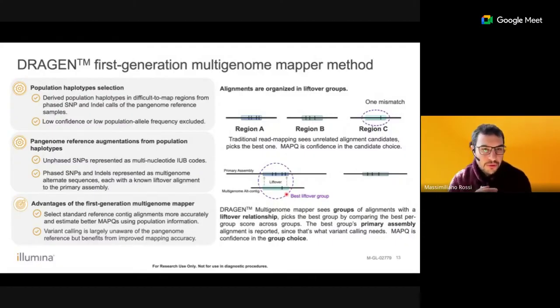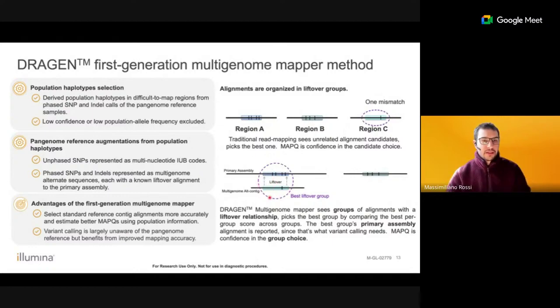So it can focus on picking the best per-group alignment and compare only those. In this case, it would compare this alignment with this alignment only, and would disregard the alignment to the primary assembly because it has more mismatches than the alignment to the multi-genome alt-contig.